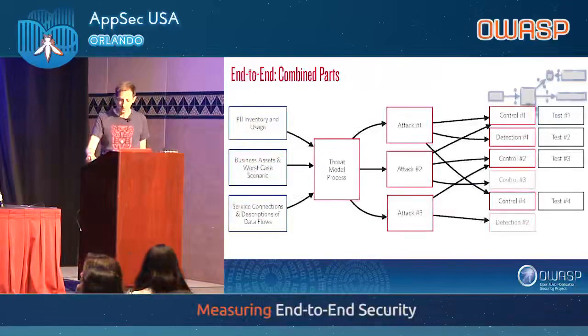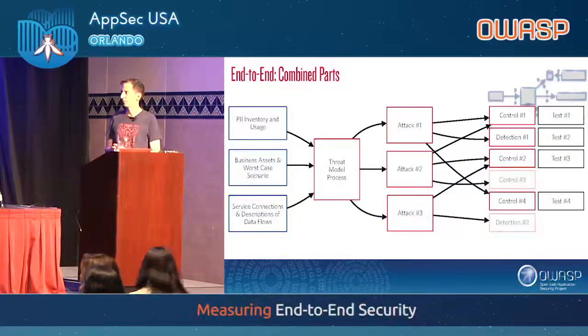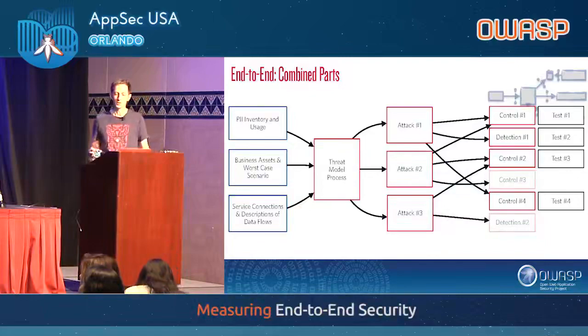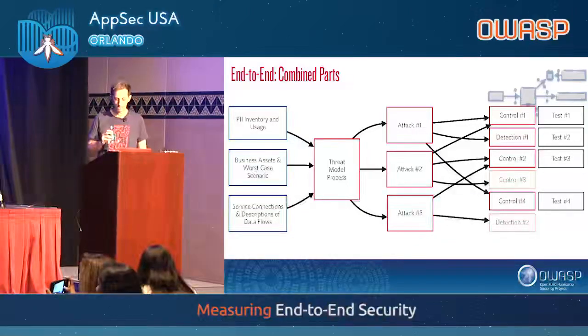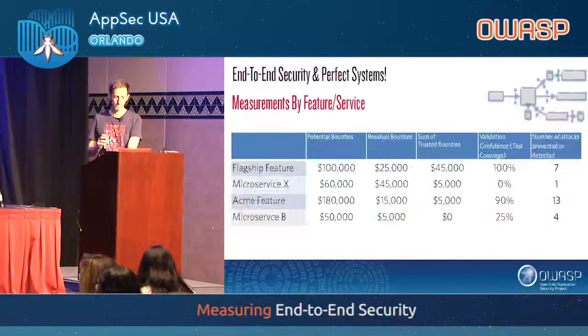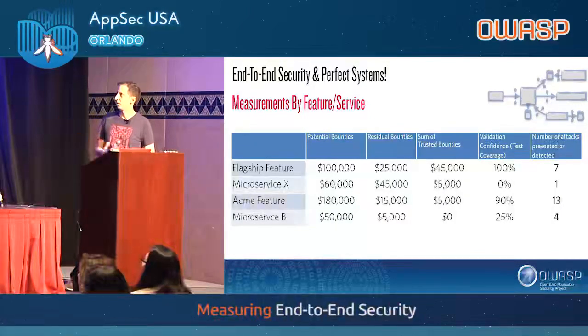And so you put it together and it sort of looks like this, where we have all this stuff feeding into the threat modeling process, and it comes out of it as these attacks that we can sort of monetize with bounties, and controls and detections that are mapped there. And so we have things like our flagship feature may have $100,000 potential bounty.